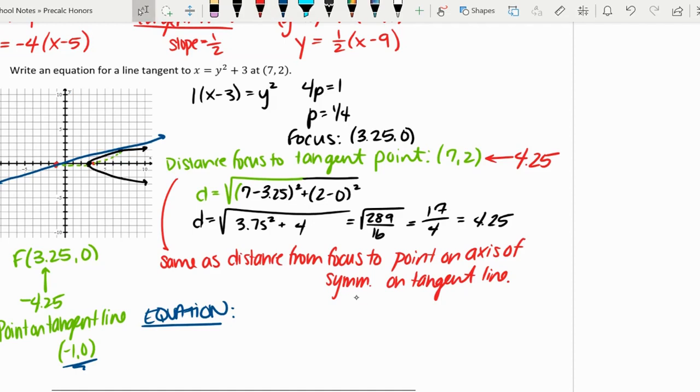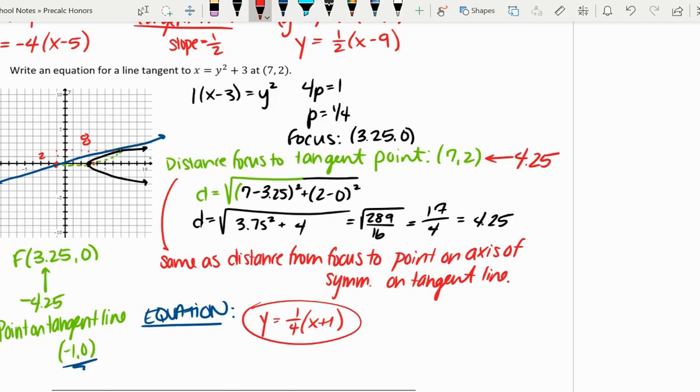And it looks like my slope, if I go up, 1, 2, 3, 4, 5, 6, 7, 8 over 8, so I have a slope of 1/4. So I've got y minus the y coordinate of the point on the line equals 1/4 times x plus 1. And that would be the equation of our tangent line.